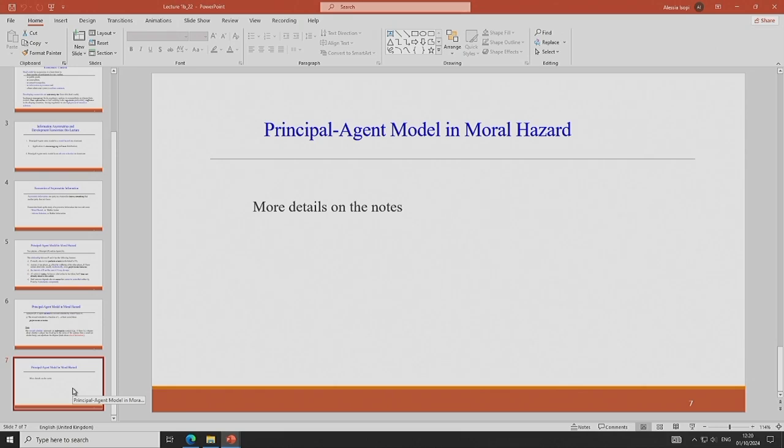And in the last moment, the contract is executed. What does that mean? What does that mean? As a principal, what do I do here?